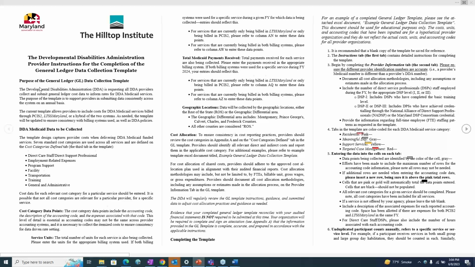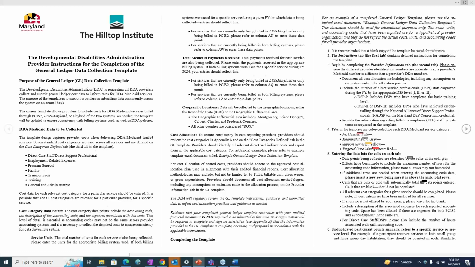The template will allow for costs to be entered if you bill through PCIS2 or if you bill through LTSS Maryland. Fiscal year 24 is the cycle that we want to collect data for. If you happen to be billing in both systems, the template does allow for that as well.